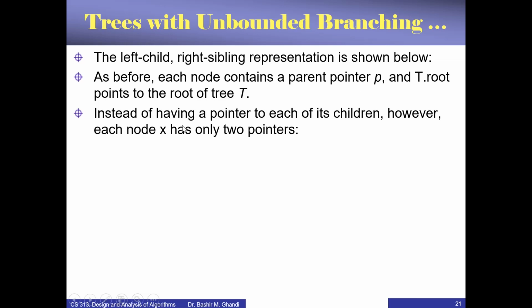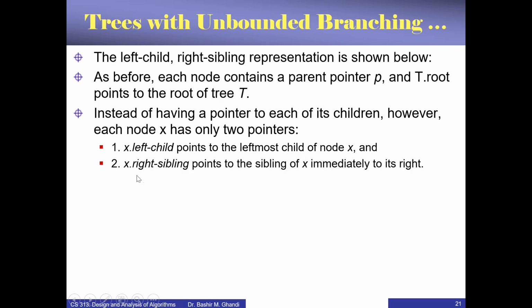However, instead of having a pointer to each of its children, a node X only has two pointers. One pointer called x.leftChild will point to the leftmost child of node X, and x.rightSibling, which will point to the right sibling of X, meaning the sibling immediately to its right.